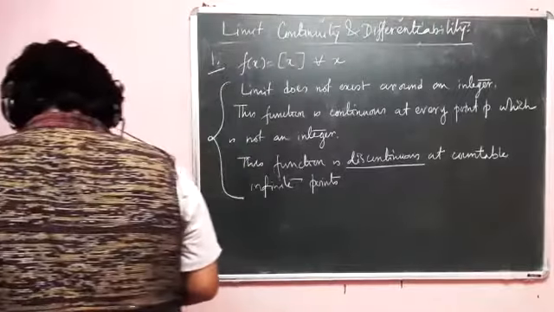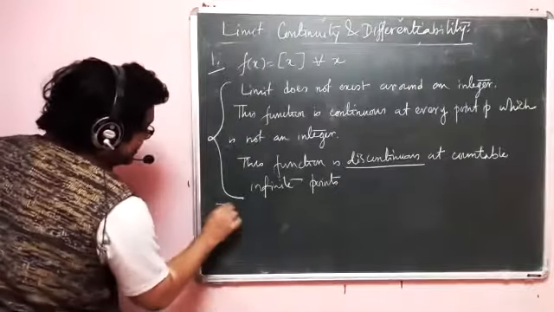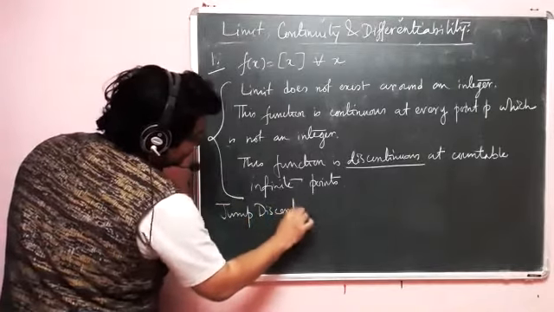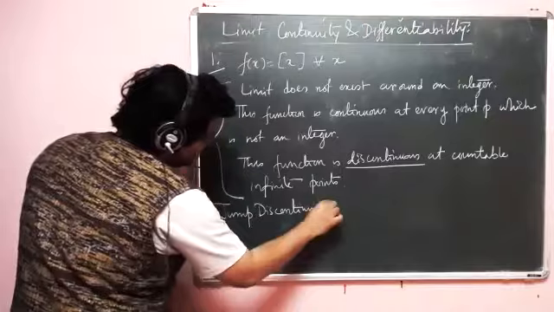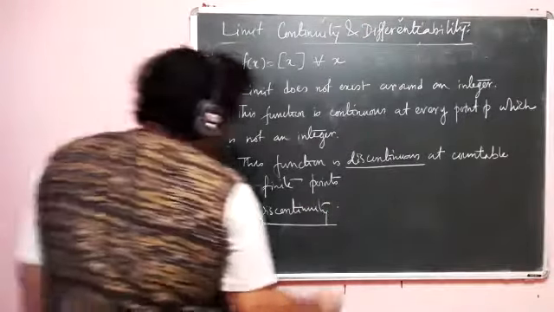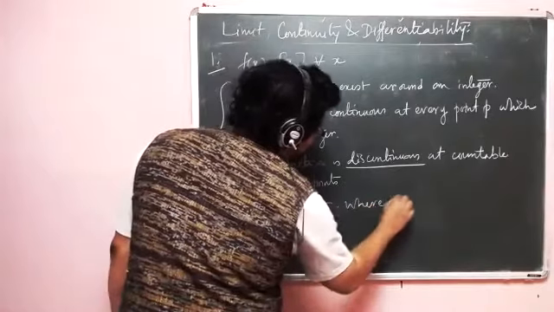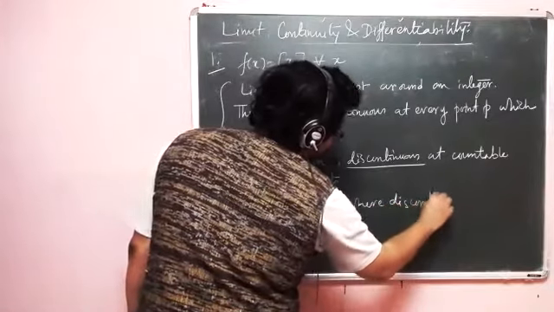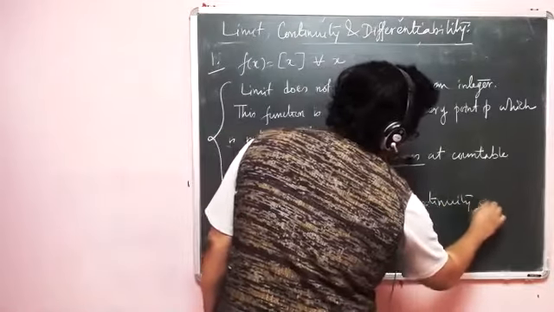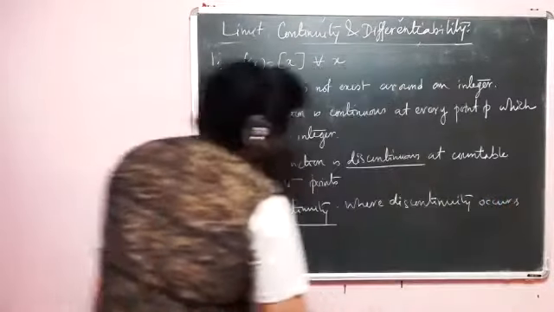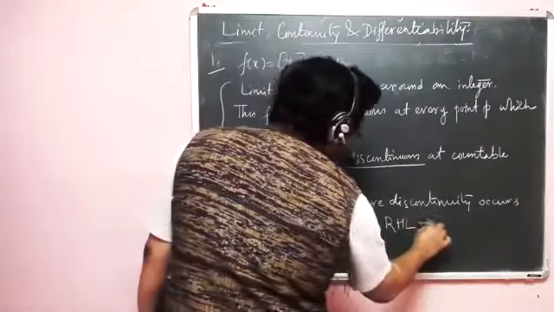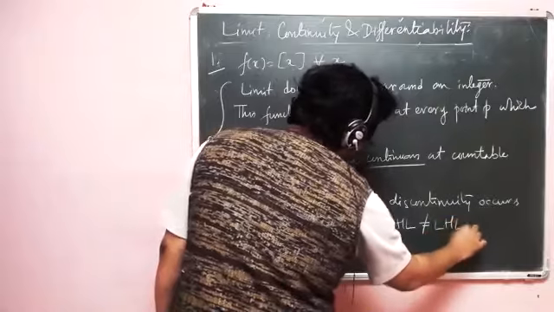All right, so now this introduces to us something we call jump discontinuity. So what is jump discontinuity? Where discontinuity occurs as the RHL, that is right hand limit, is different from the left hand limit.